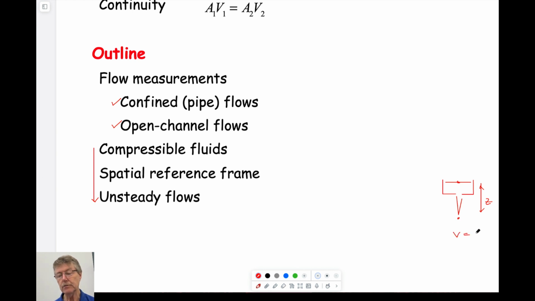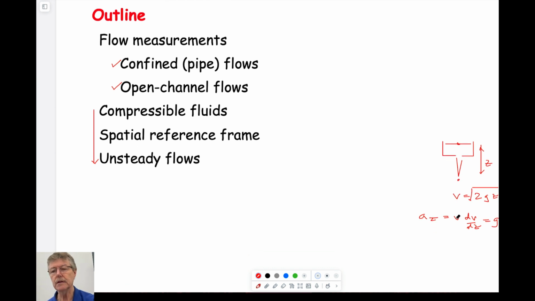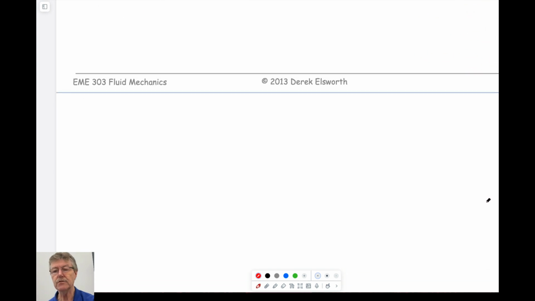So the velocity here is equal to the square root of 2gz, as we know. And we know that the acceleration is equal to the velocity times dv/dz. And we did it last time. We differentiated this, and we find indeed that the acceleration is just g. It might be minus g. No, it'd be g. Minus g, I think, because it's going downwards. G is positive as an acceleration, but in our coordinate system it's negative. Yeah, when you differentiate the z, you get a negative sign as a result of that.